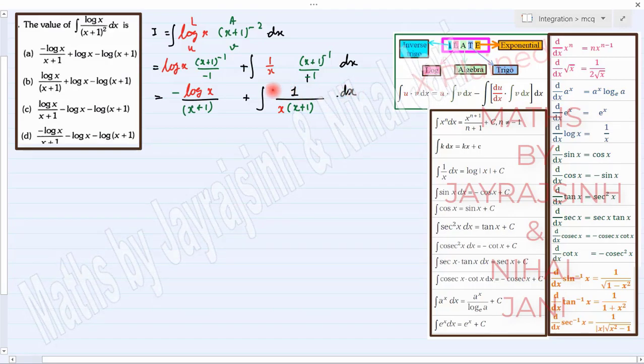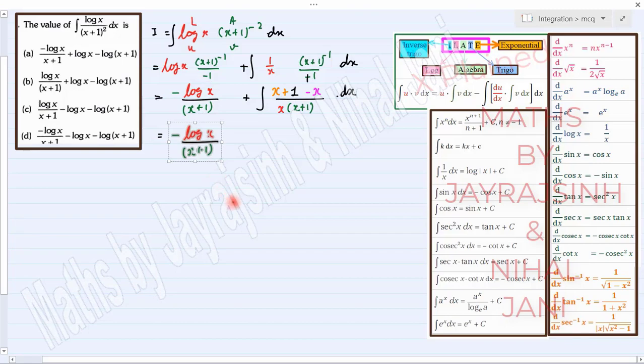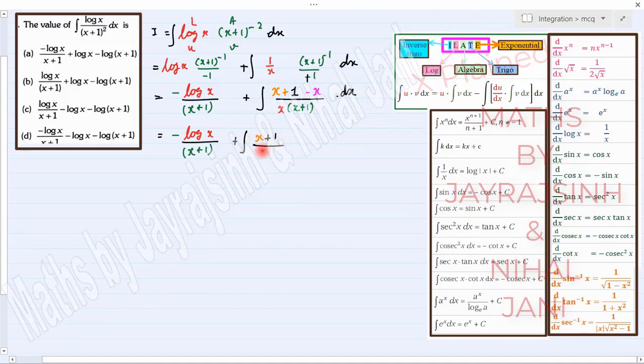Now to integrate the second term, let's add and remove x, and your first term will be as it is and give individual denominator. So we will get (x plus 1) upon x into (x plus 1) minus x upon x into (x plus 1) dx.